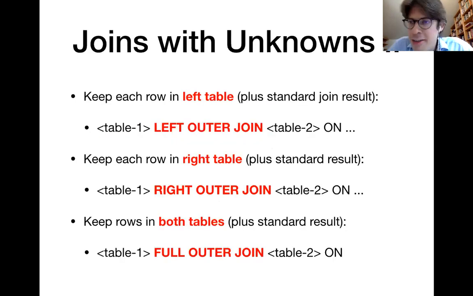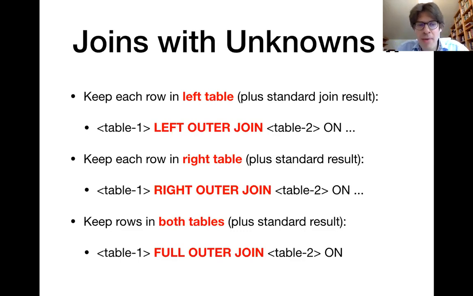This is the syntax that you can use here. You can write in the from clause of the query some first table, left outer join, some second table on some join condition, and that is guaranteed to keep all the rows of the table on the left side of this join.